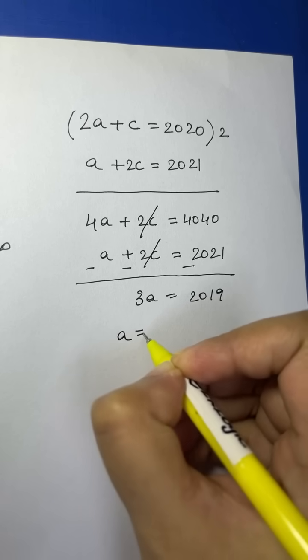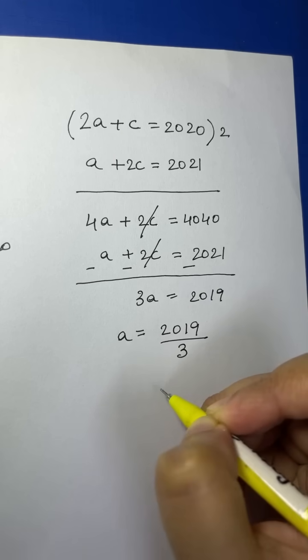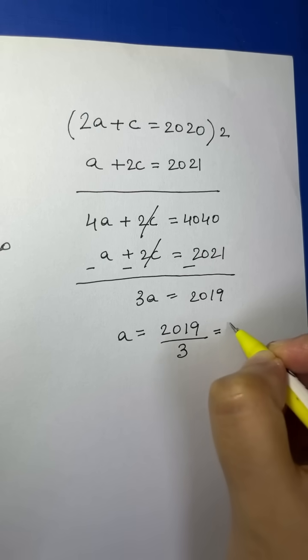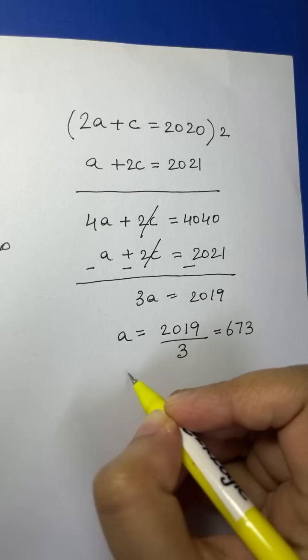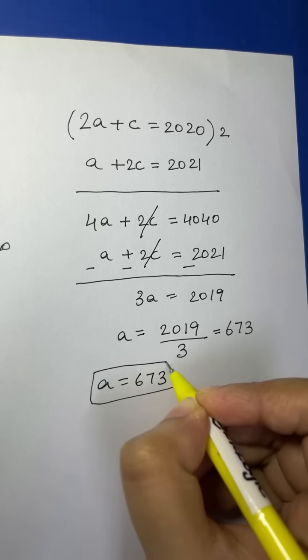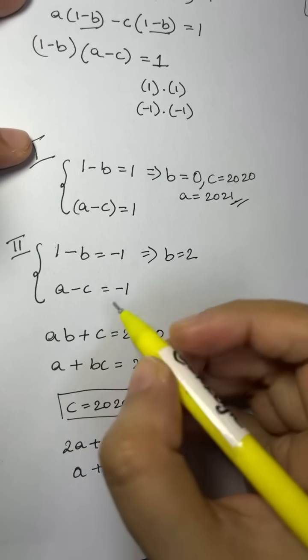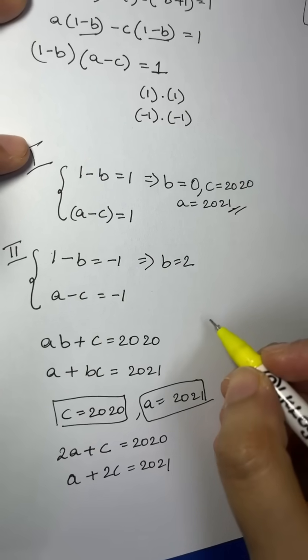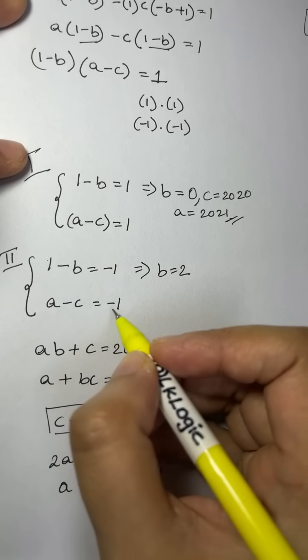So A is equal to 2019 divided by 3. How much is that equal to? That's 673. So basically your A is 673. What will be your C? As we have done this, it's given to you 1 minus B equals negative 1, and A minus C equals negative 1.